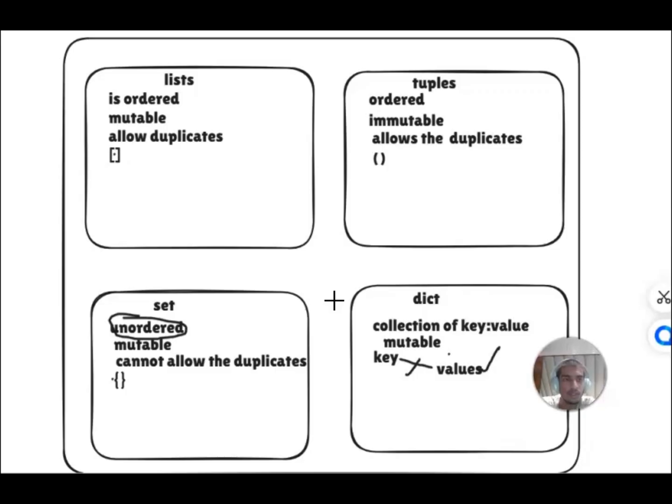Coming to mutability, a list is a mutable type because we can change the values, and a tuple is immutable. We cannot change the items. A set is mutable. A dictionary is also mutable. And coming to allowing duplicates, a tuple allows duplicates, but a set cannot allow duplicates. In a dictionary, keys cannot be duplicated, but values can be duplicated.